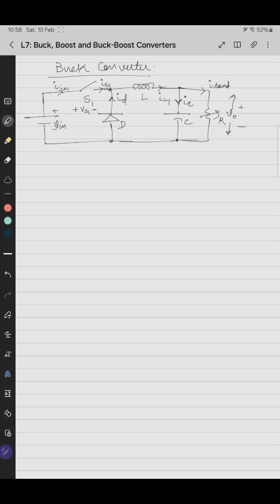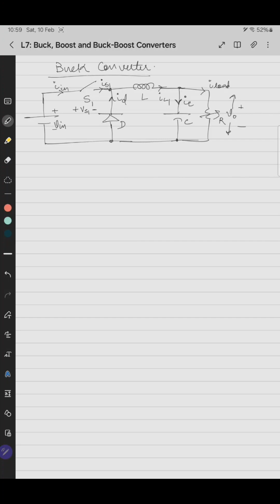Before we see the operation of these converters, we'll first understand what the states of this converter are. A state means a quantity which cannot suddenly change, or whose dynamics govern the dynamics of the whole system, which can be determined by knowing the response of these states. State means a quantity which does not vary instantaneously.